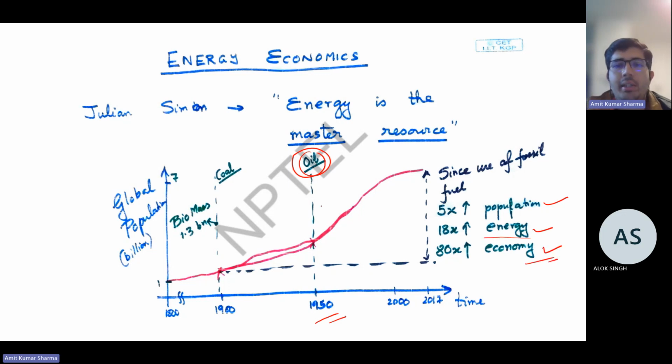So the economy is directly dependent on energy. Okay, if we have more energy, it means that we can have more economy, because we can generate more things, we can do different kinds of things. So it will also give rise to the economy.